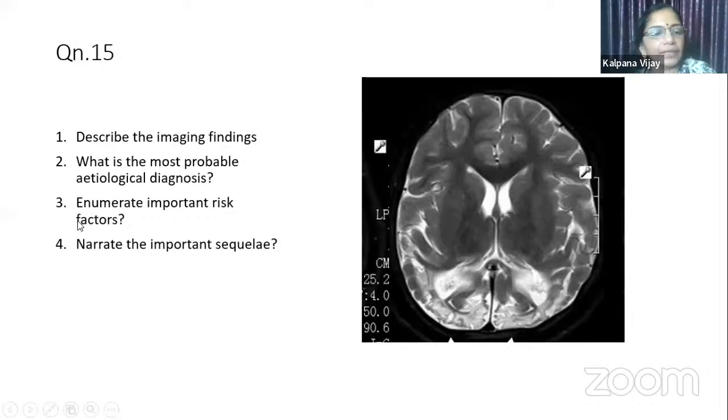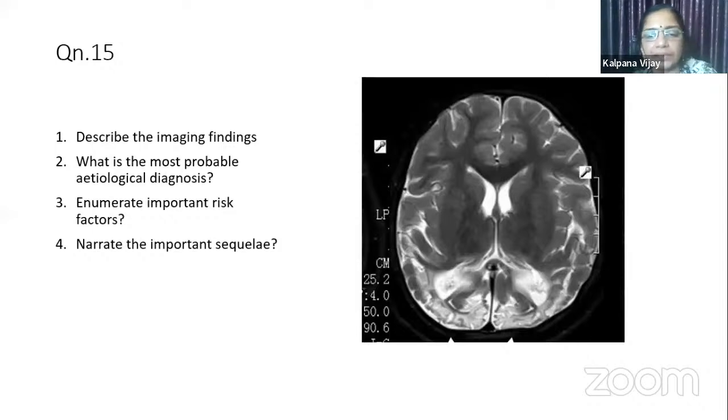And what are the risk factors for hypoglycemia? Preterm, sepsis, yes. Rather than preterm and sepsis, you have to tell IDM, SGA baby. Preterm also we can say, and some of the neonatal syndromes which produce hypoglycemia. IUGR is very, very important.